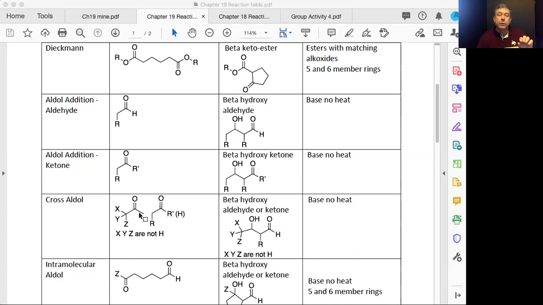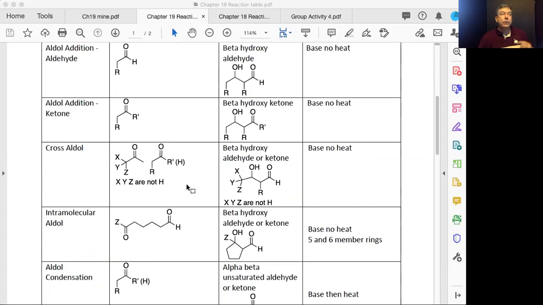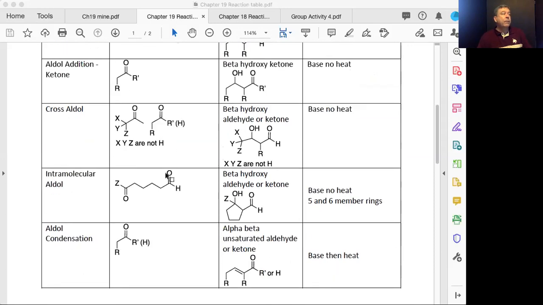That was that unusual reaction where you can start with an acid chloride and it'll displace that acid chloride and give you a different product. Okay, but the idea here is, again, base with no heat, and that gets you to your beta hydroxyaldehyde or ketone. Okay. So then, of course, we have an opportunity for an intramolecular aldol.